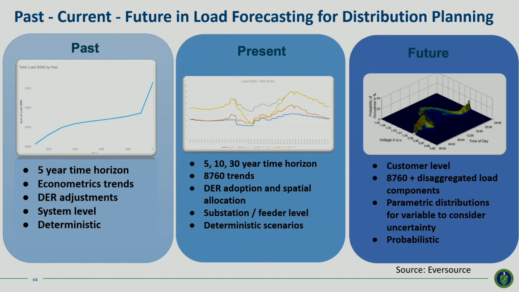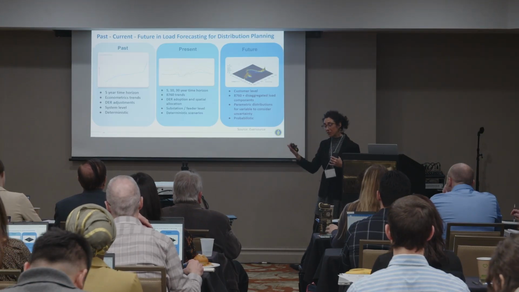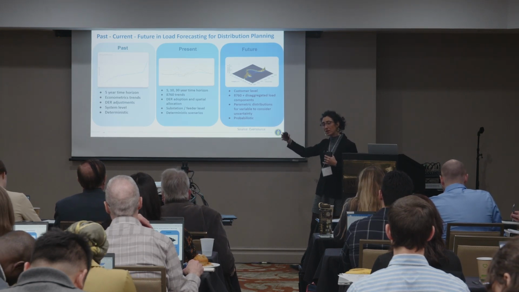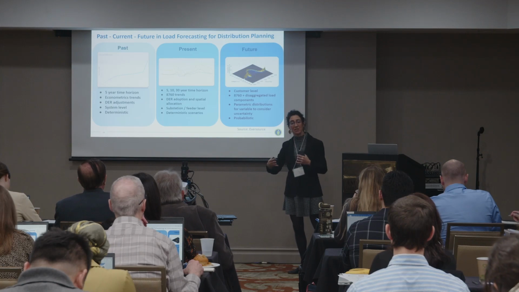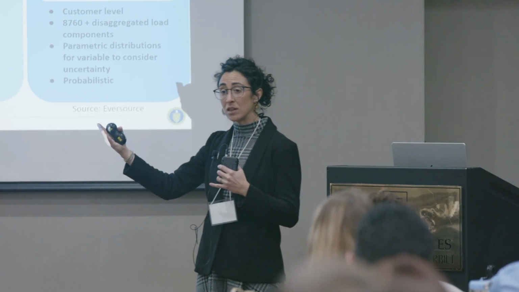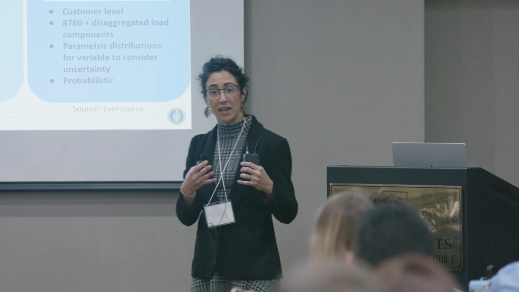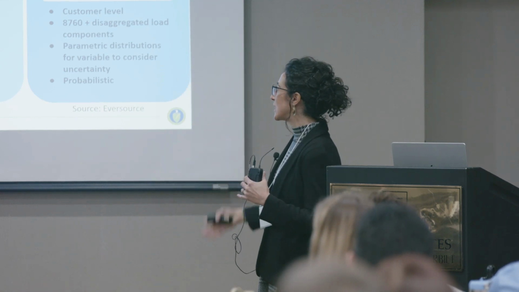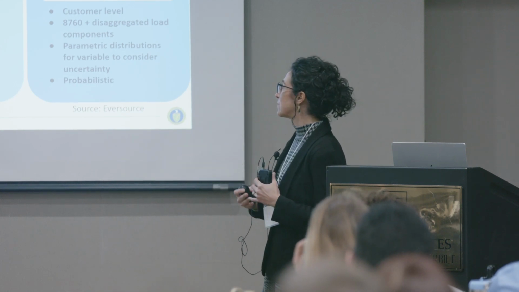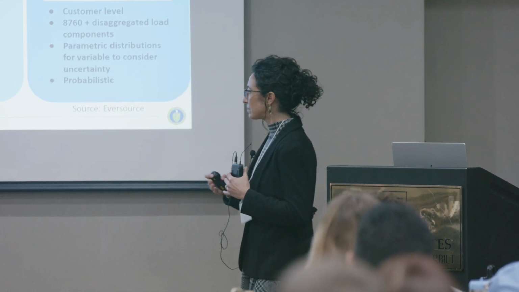This is mostly due to EVs, building electrification, PV. They are going to have a profile that might affect the peak load, but it might also change the peak load. And so you really need to start understanding the load profile over the course of a year, not just the peak.